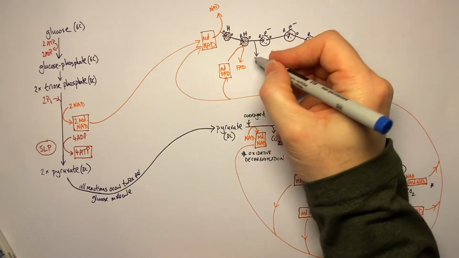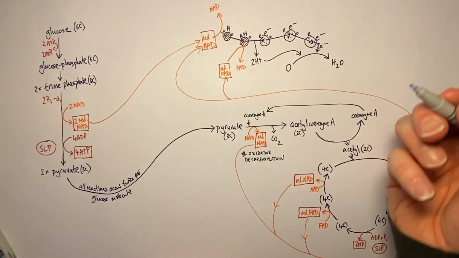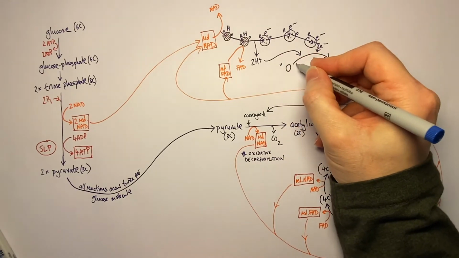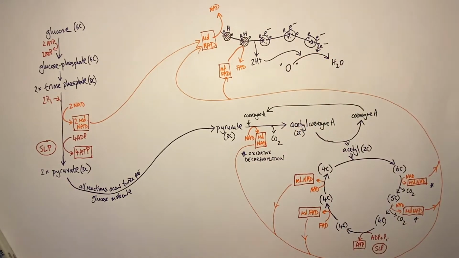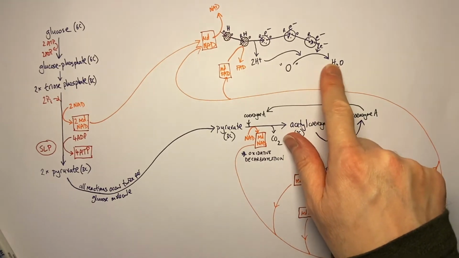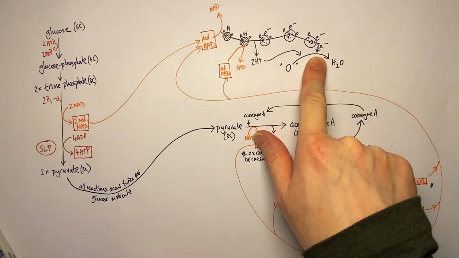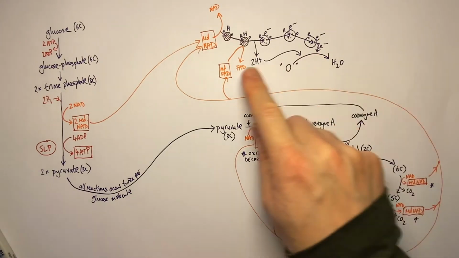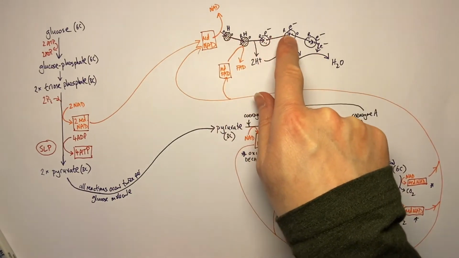So if I just put a 2 in front of there, I'll just make that oxygen atom, then we can see that we get water formed. So oxygen is the final electron acceptor, and it makes sure that all these processes are taking place.